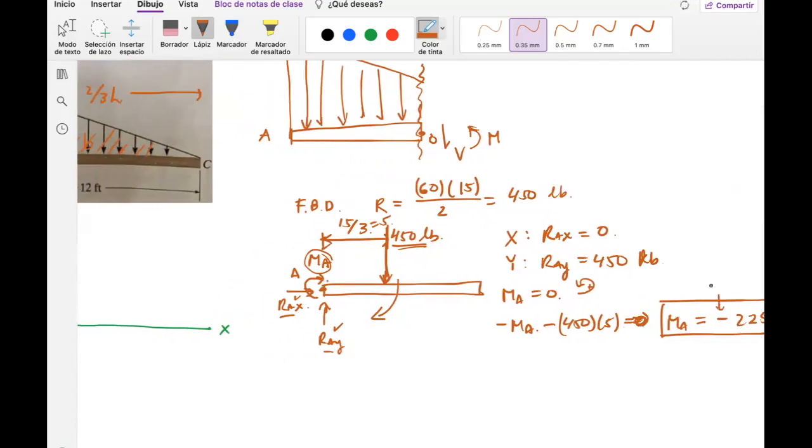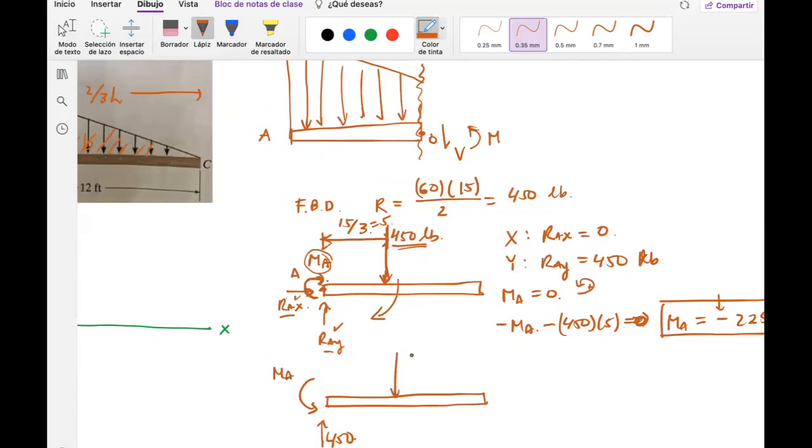What this minus means is that, well, I didn't draw it correctly. Correctly, it would be like this. Here is the beam, there is no RAX, there is one 450 going up, and there is my MA correctly drawn.